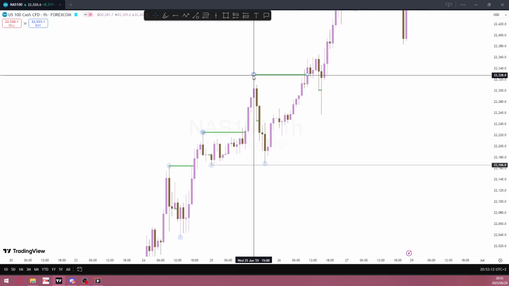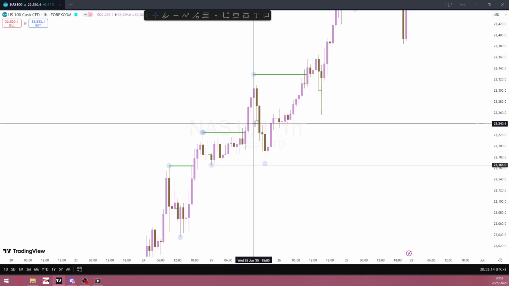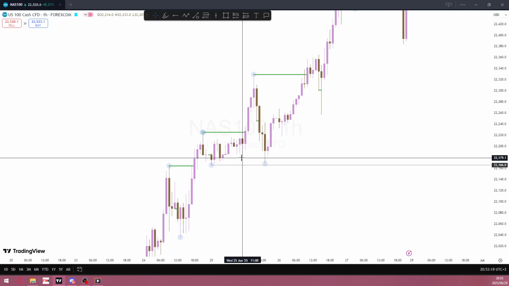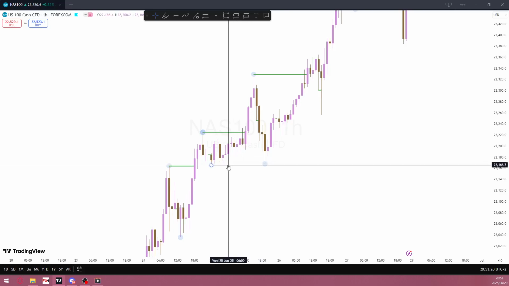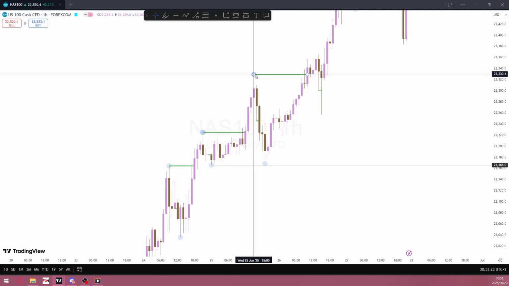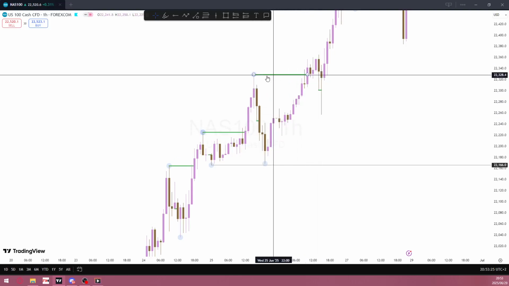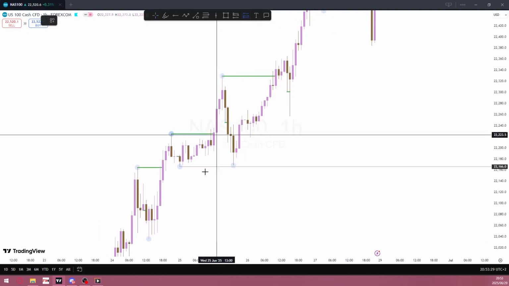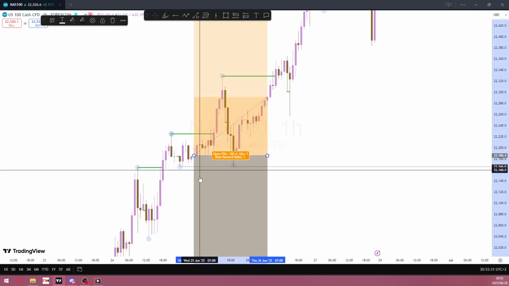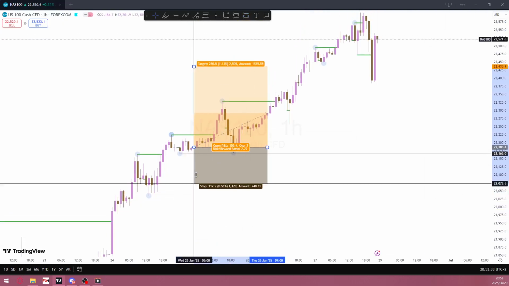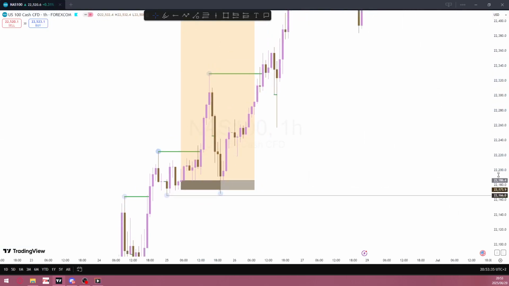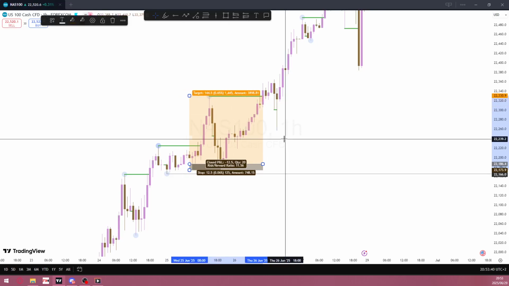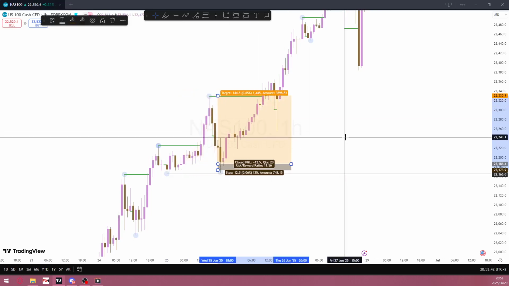You have no idea this is a targeted high until price follows through with the pullback rule, again comes into some form of demand, and our expectation again is that this is the protected low, this is the targeted high: buys, buys, buys, buys, take out the high, and so on and so forth. And again, looking at what trades would look like, let's say you'd find a demand zone in here. You'd then aim for taking out the targeted high, and that would be you done, basically.